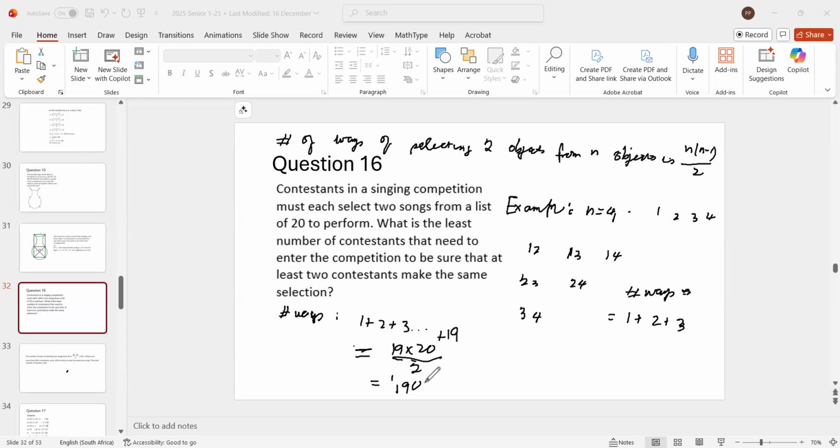So if there were 191 people, for instance, then you can be sure that that person will have to be given one of the other pairs. So what is the least number of contestants that need to enter the competition to be sure that at least two contestants make the same selection?